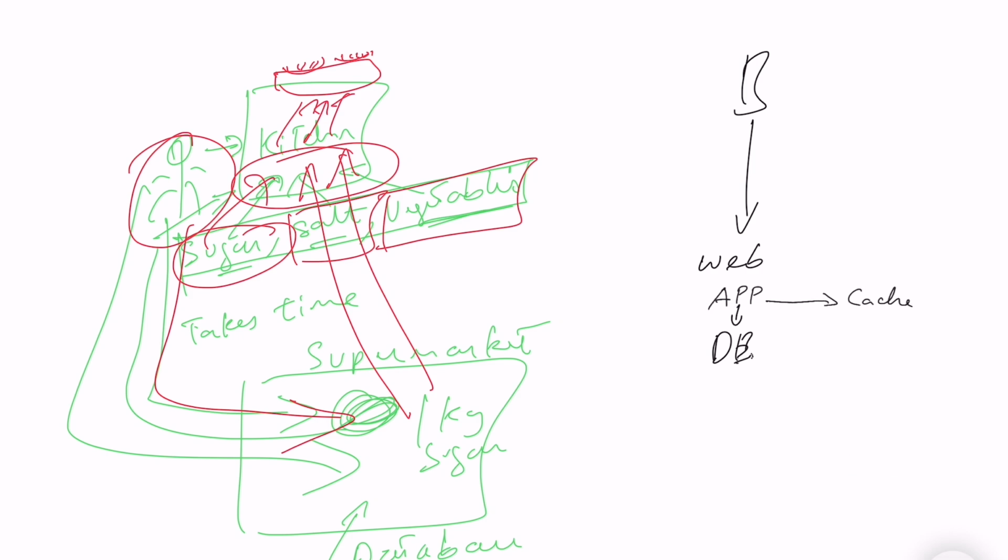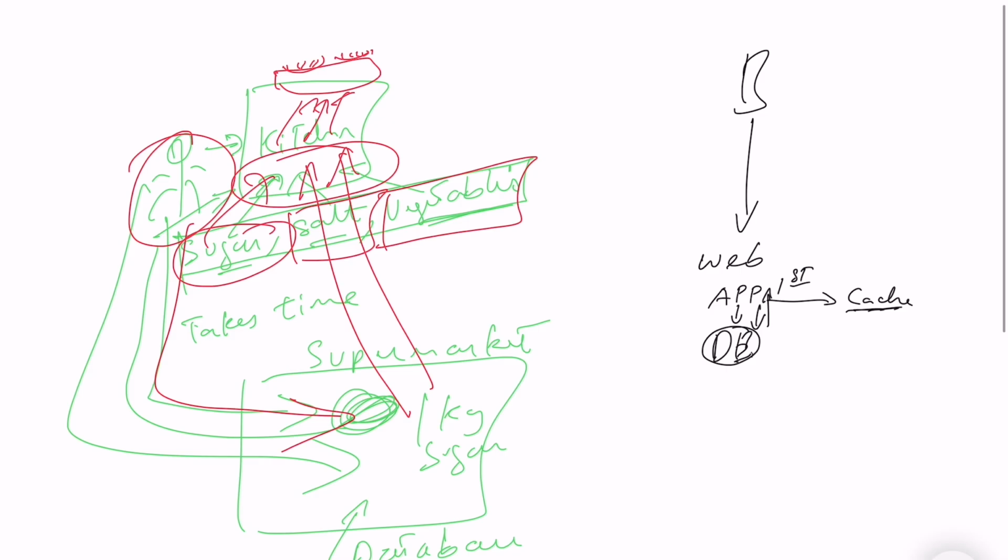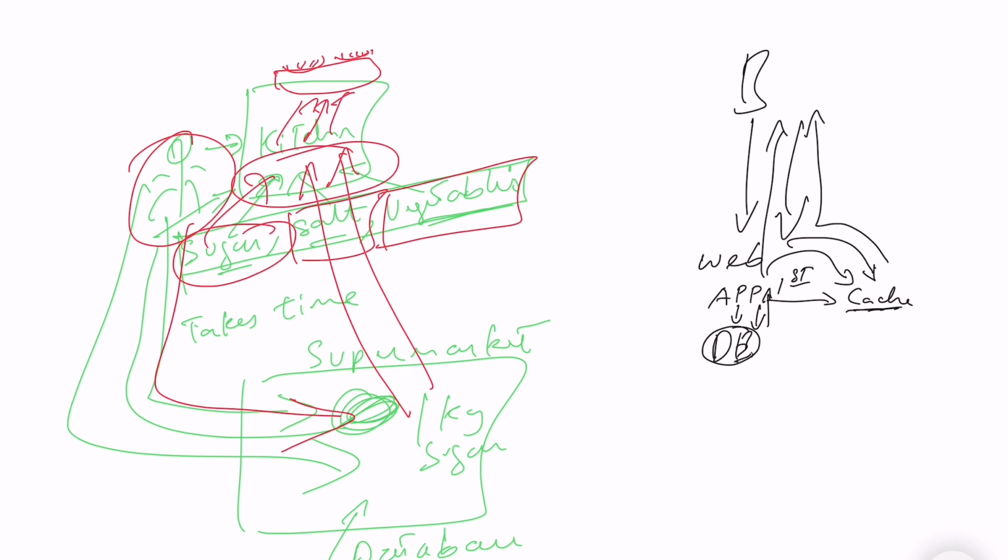Okay, so how the flow happens is that the app will always first try to look into the cache, whether it is available in the cache or not, and if it is not available, then it will go to the database, okay, and then fetch the data from here. Once it fetches the data from here, while serving the request, it will again put it into the cache, so that the next request when it comes, it will again try to see in the cache, and it will find it from the cache and serve it directly from there. That is the flow of the cache. That is how caching works.